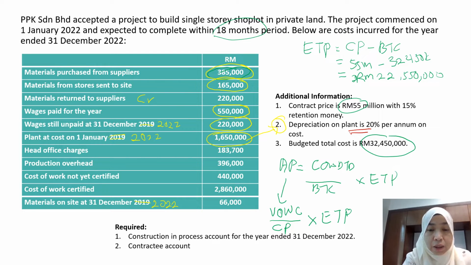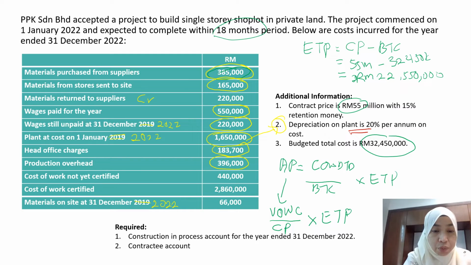And then we also have head office charges, 183,700 ringgit. This one also is debited to the construction in process account. And then production overhead, 396,000, also we debit to the construction in process account. And then we have cost of work not yet certified, and cost of work certified.